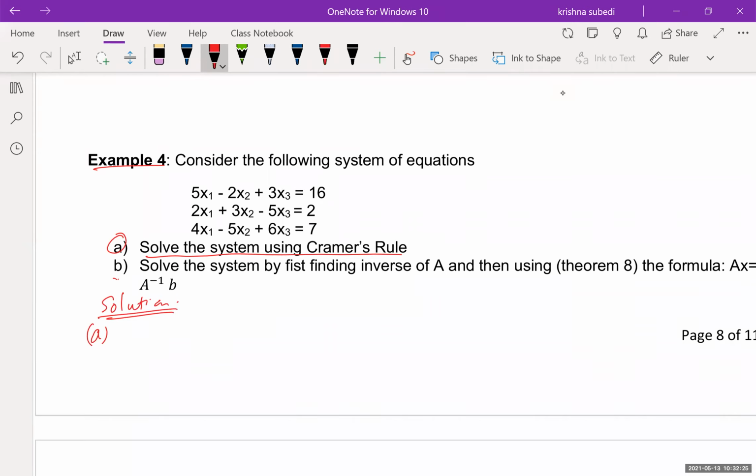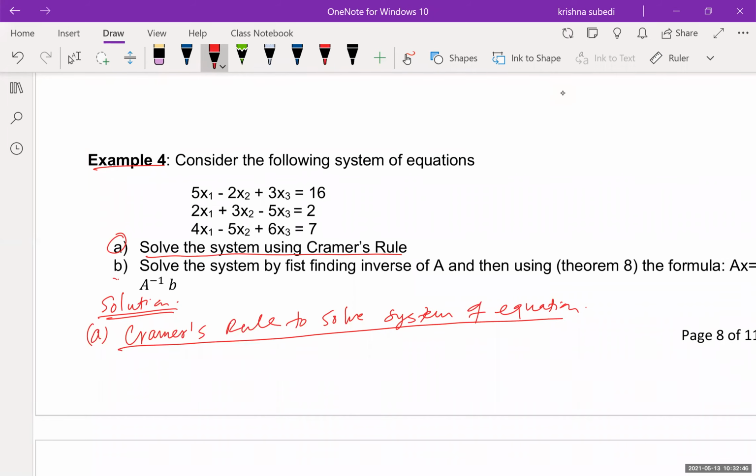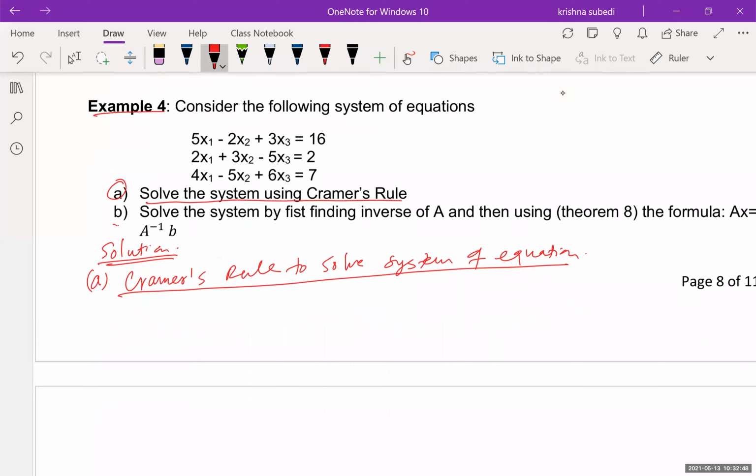So to use Cramer's rule to solve a system of equations, all we need to do is, first of all, write down what A is here.